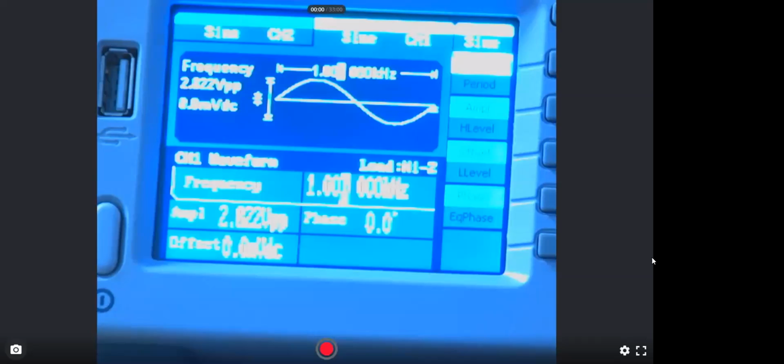Channel one, 1 kilohertz, that's good with 4 volt peak to peak. Now we start to mess with it. 4 volt peak to peak, we're going to start to dial that down. That's where you start playing with this number, you should get it really close to it.